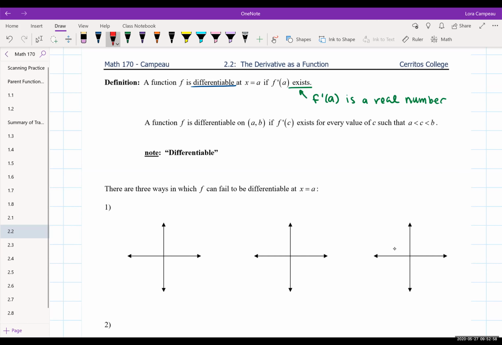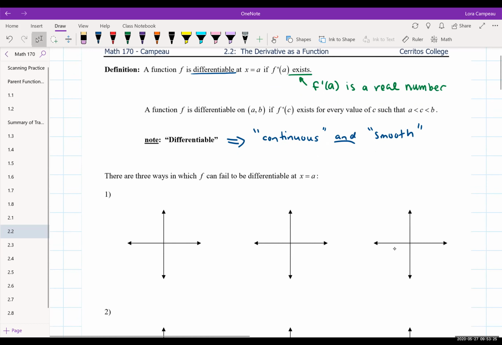And one more time, if we want to speak about differentiable, one of the key notes, if you're viewing the graph, is that you are a continuous and smooth function. So that's going to be a nice visual for these types of problems.